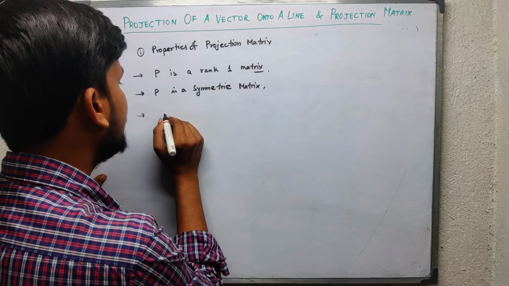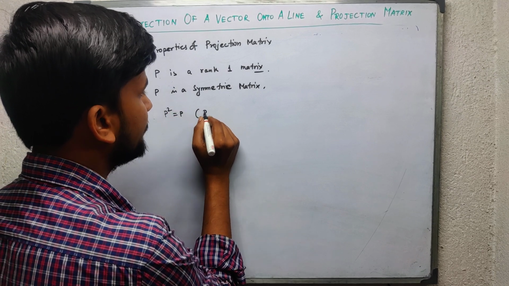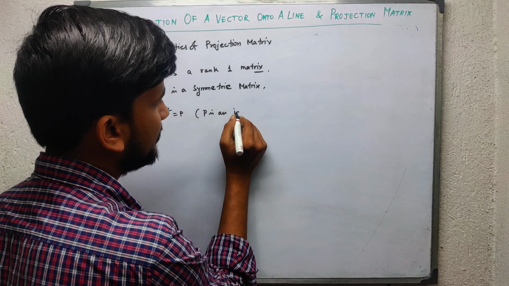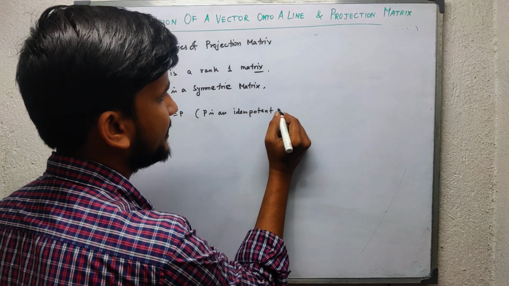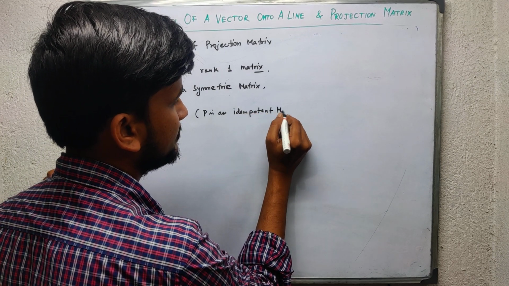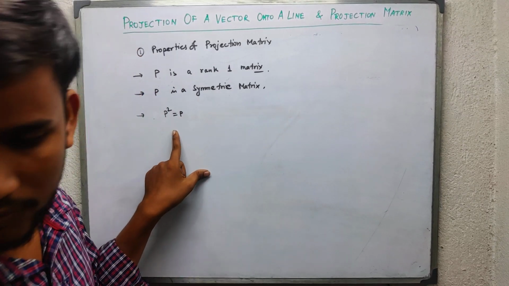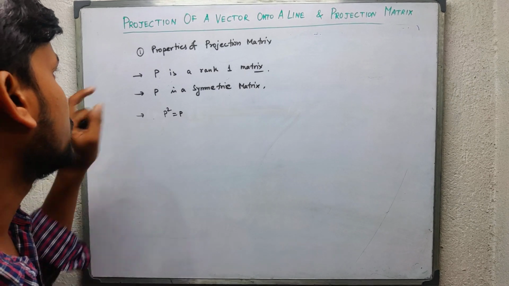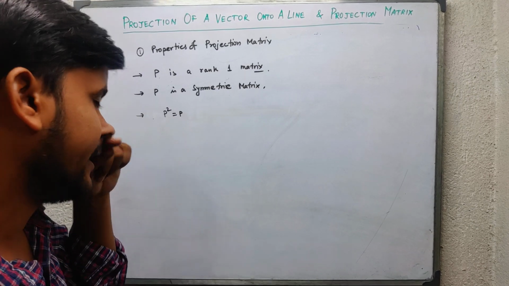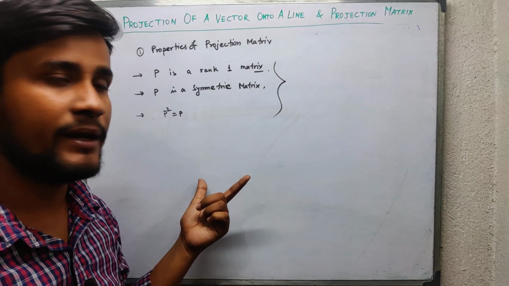Okay, that is basically saying that P square equal to P. You can also say that P is an idempotent matrix. P square equal to P, this is the case. So these 3 are the main properties of the projection matrix P.